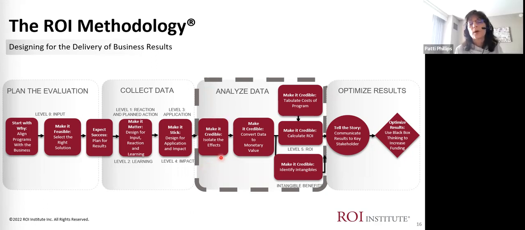Yes. And that's why we take step 6 to isolate the effects of the program. Then you have to sort out how much of the impact is due to one initiative or 2 initiatives. If you are ever interested, just let Kamal know, I'm happy to do a webinar just on this step, because it is so important. When you're trying to allocate resources, you need to know how much this initiative contributed versus another initiative.